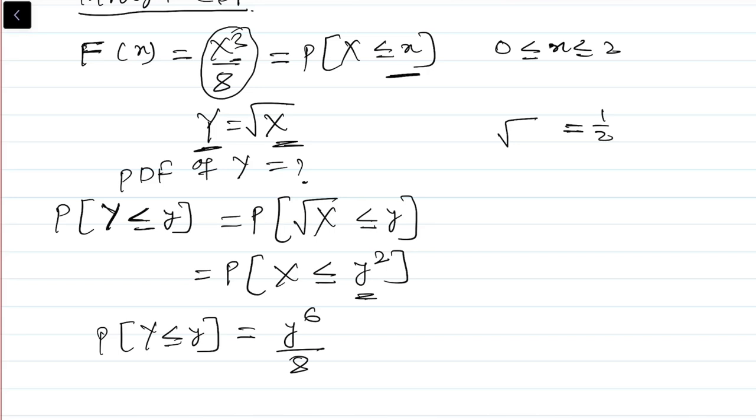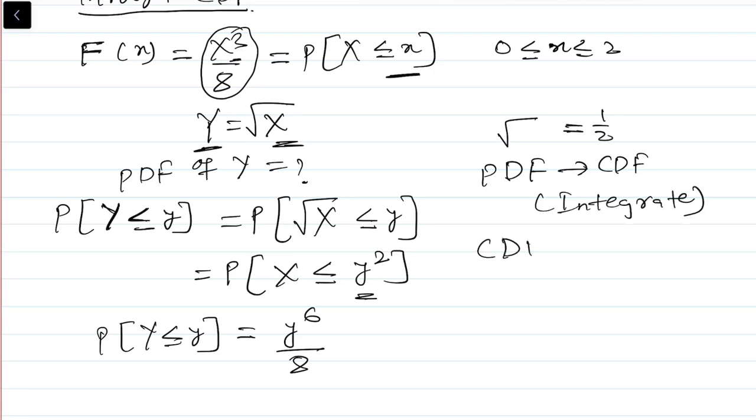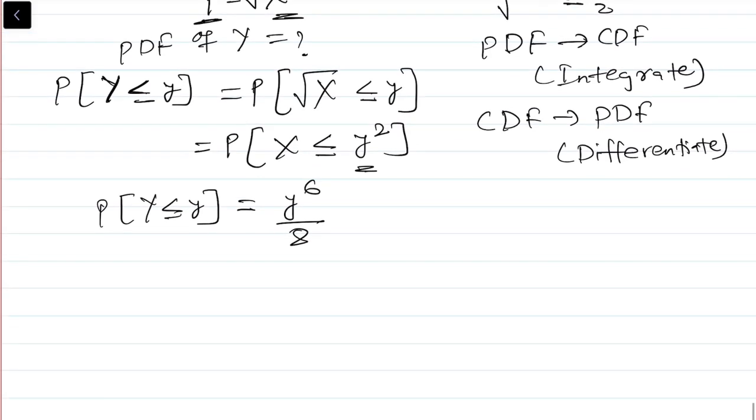Now in order to get the PDF, we need to differentiate the CDF. If you want to get CDF from the PDF, we need to integrate. But from CDF to PDF, we need to differentiate. So here we have CDF, so from CDF we need to go to PDF, right?